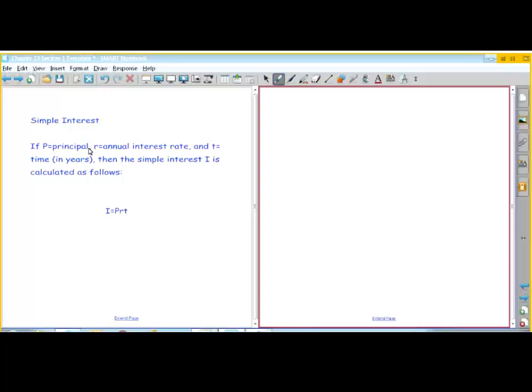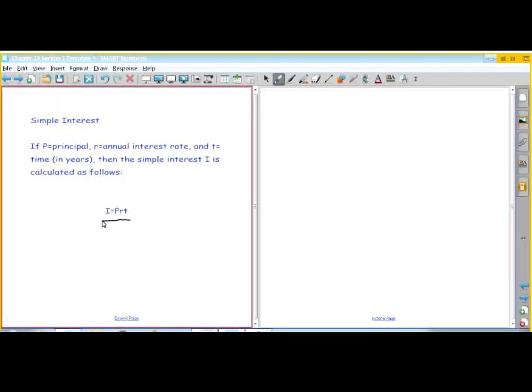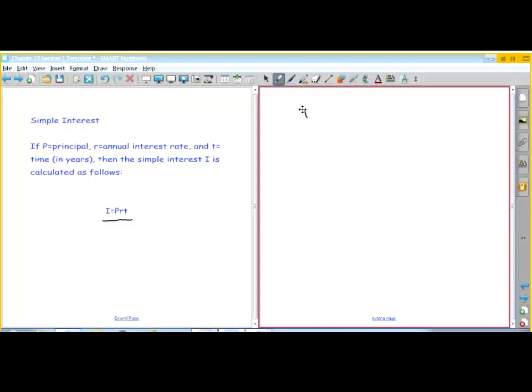The calculation is pretty simple. To calculate the interest for a simple interest account, the interest is the principal times the interest rate times the time in years. And remember, the one that we used the other day said the amount was equal to the principal times 1 plus the interest rate to the t power, where t is the number of years. This is if it was done annually.